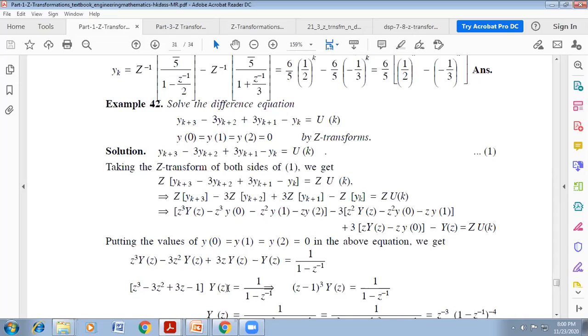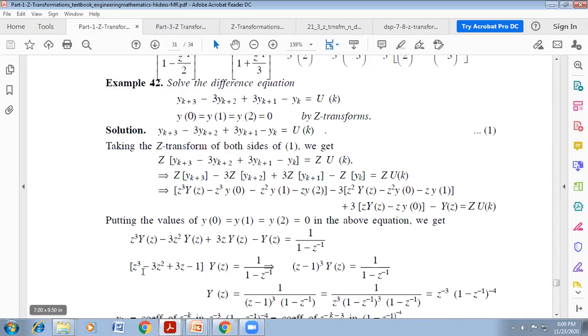Now taking Y(z) common, this can be written as z cubed minus 3z squared plus 3z minus 1, which can be written as (z minus 1) whole cubed. That means the formula (a minus b) whole cubed equals a cubed minus 3a squared b plus 3ab squared minus b cubed.